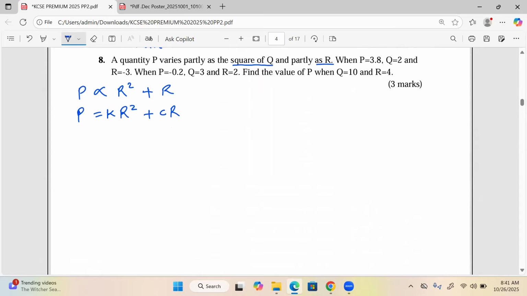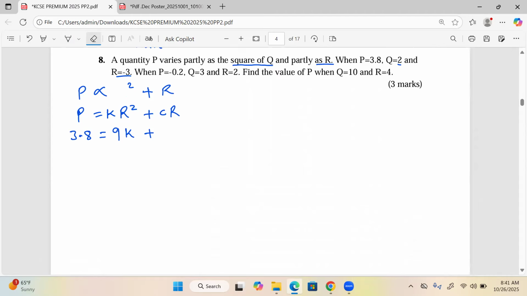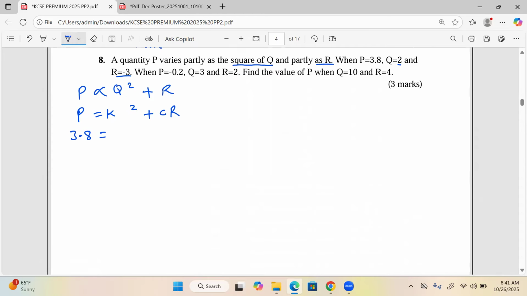P equals 3.8 when Q is 2 and R is -3. So if R is -3, we square it. It becomes 9K plus, sorry, what did I write here? This is supposed to be Q. The square of Q, sorry for that.